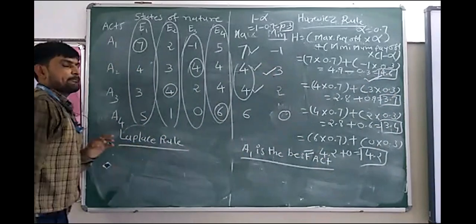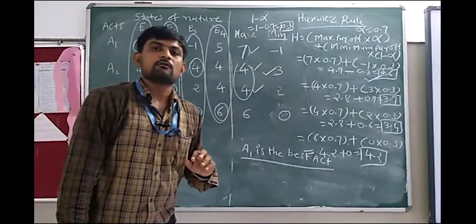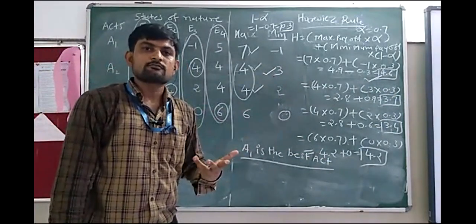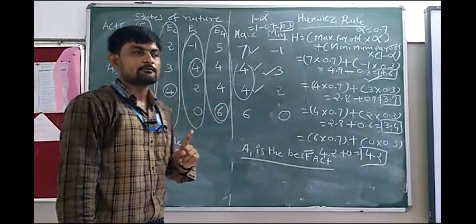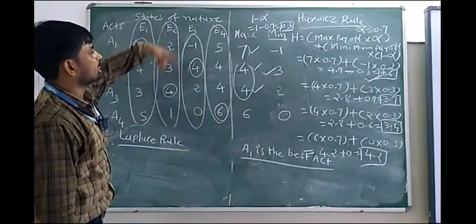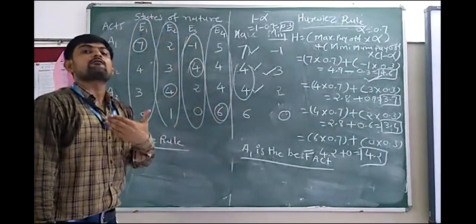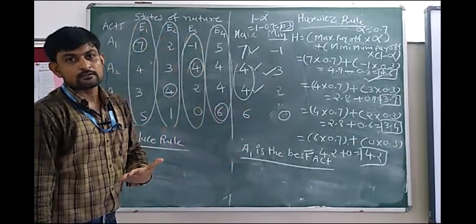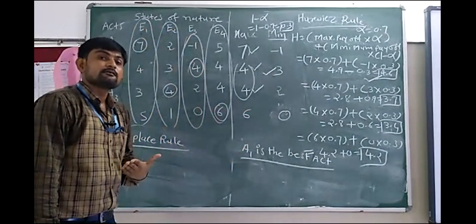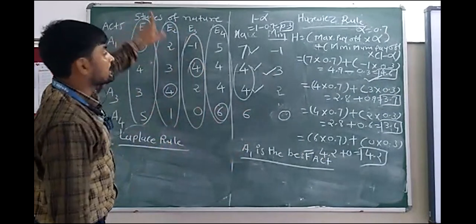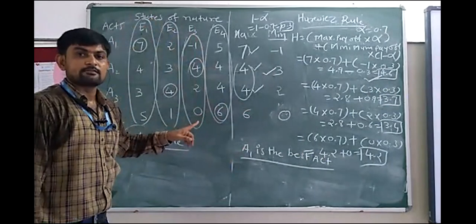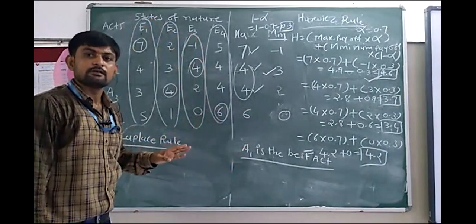Now, Laplace rule follows one assumption, that is each and every state of nature has equal probability. What is the assumption of Laplace? They are equiprobable. Each and every state of nature is equiprobable.